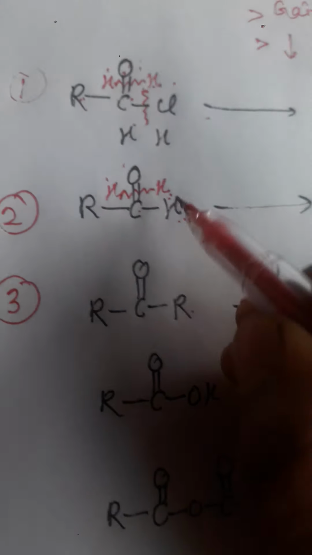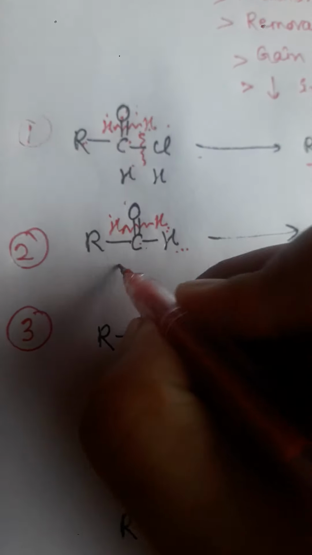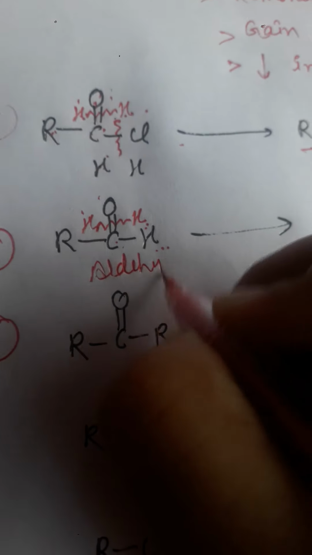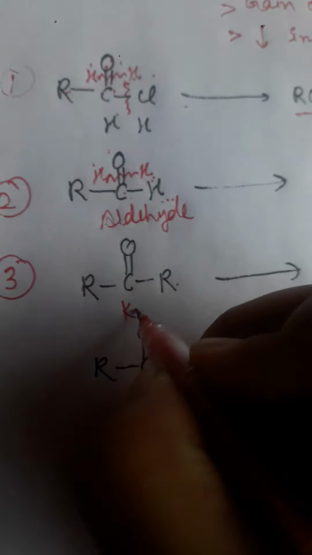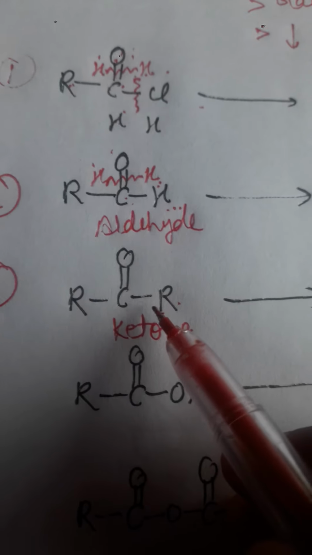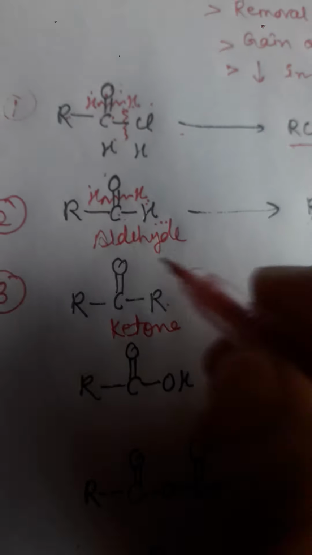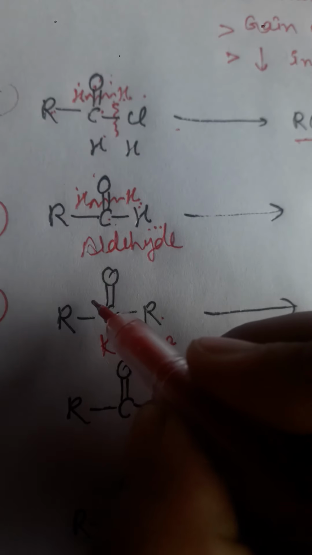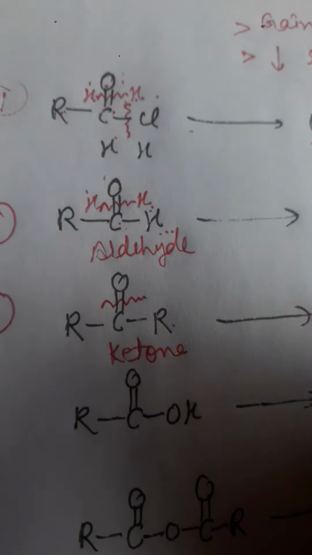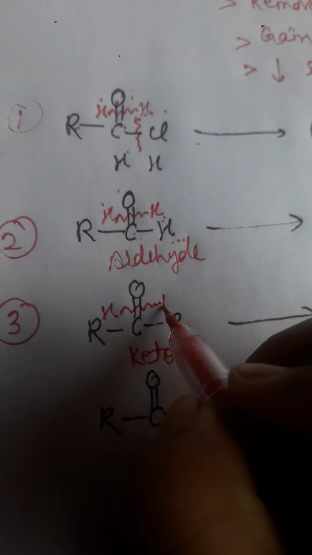The third one is RCOR. The previous one was RCHO, our aldehyde molecule, and this one is our ketone. So how will this ketone be converted? When the ketone is reduced, it can make a product. Which type of product? Similarly we have to break this bond. What will I get? One hydrogen, one hydrogen.